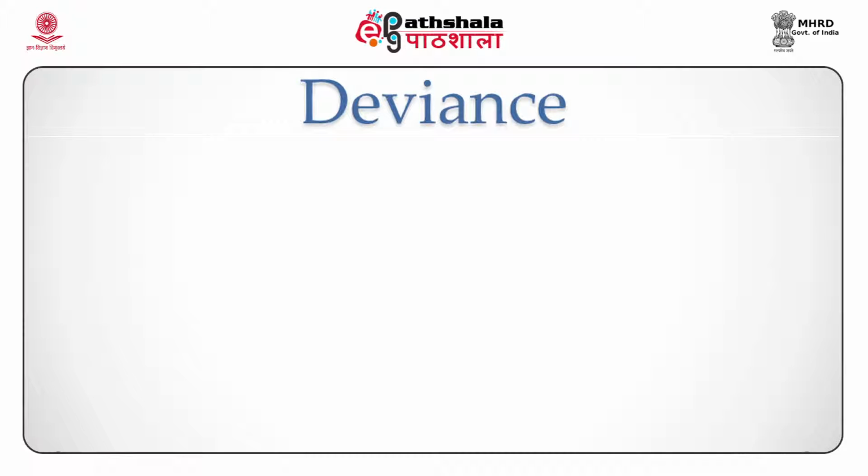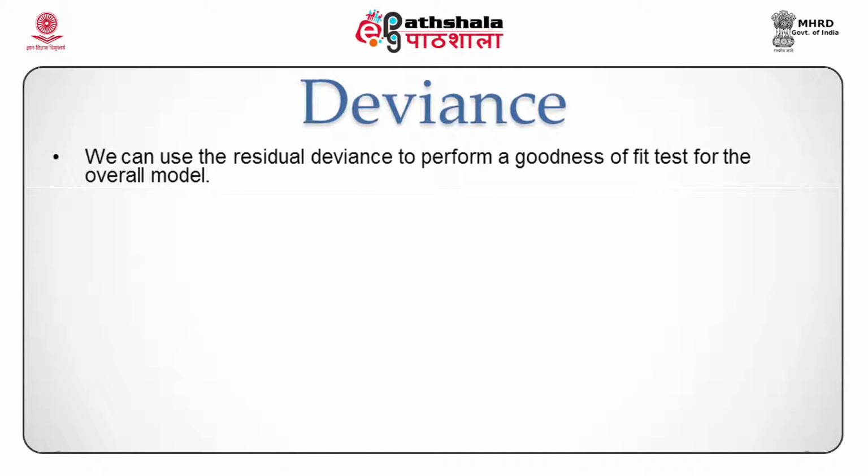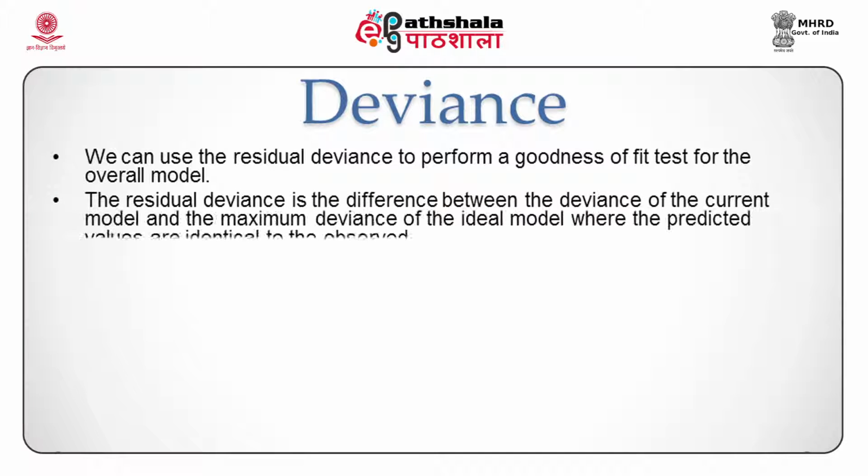The deviance: we have seen that the GLM returns two values of the deviance. We can use the residual deviance to perform a goodness of fit test for the overall model. Now, the residual deviance is the difference between the deviance of the current model and the maximum deviance of an ideal or saturated model, where by saturated we mean that the predicted values from this model are identical to the observed values.